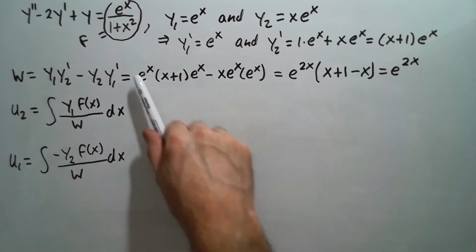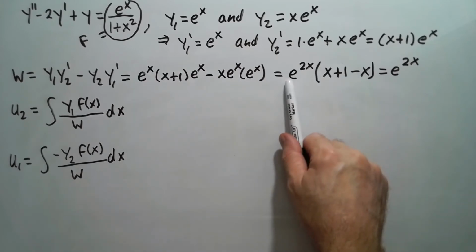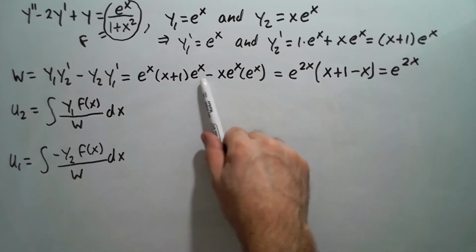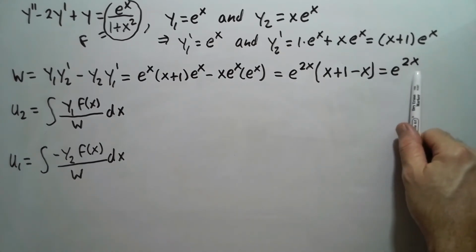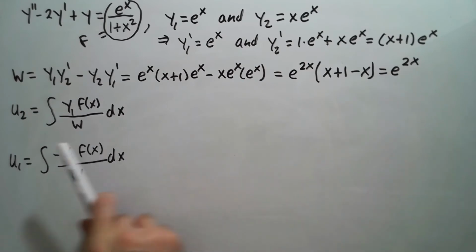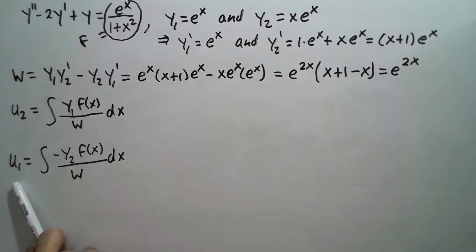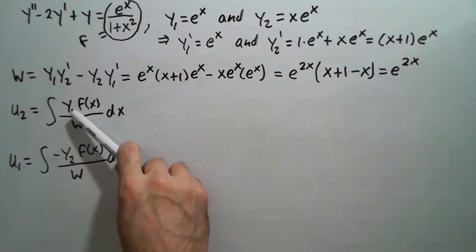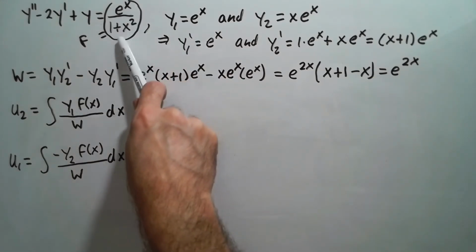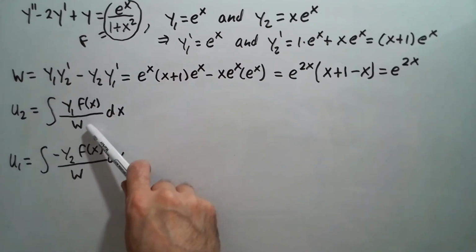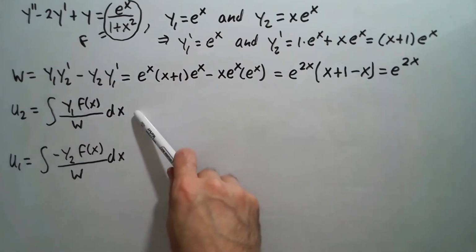I'm going to factor it out of both of those. Then there's an x plus 1 left here, minus an x here, so the whole thing reduces to e to the 2x. Okay, so now we can start computing our u2 and u1. We'll use our y1, e to the x, our f, which is e to the x over 1 plus x squared, and our w, which is this guy. So plugging into this, we get the following.